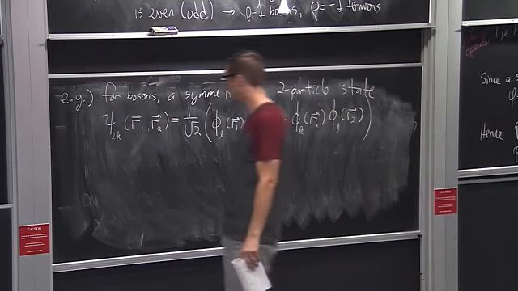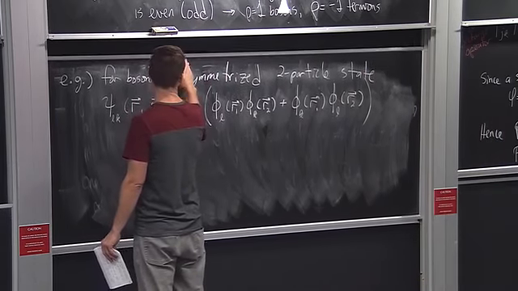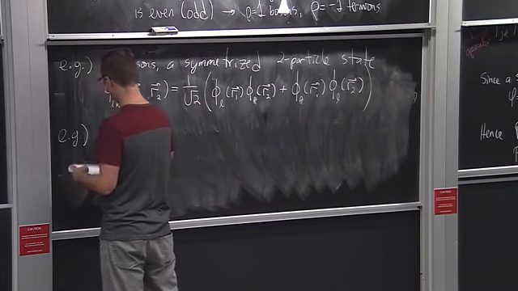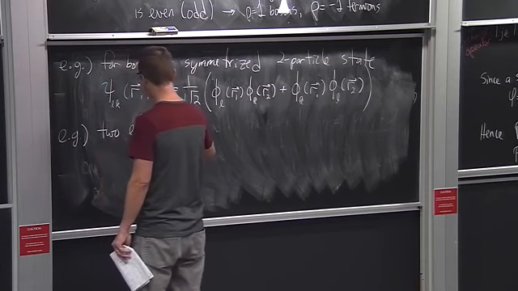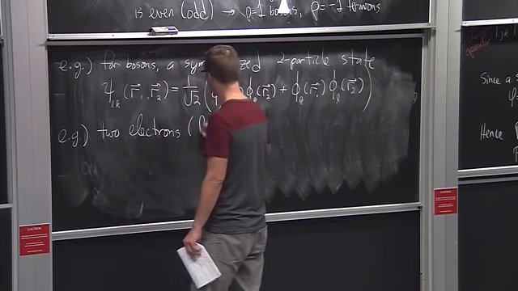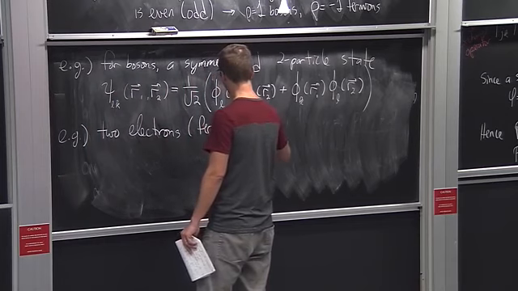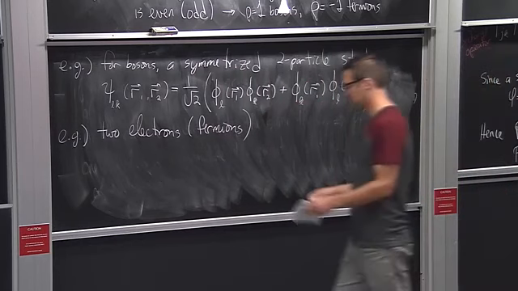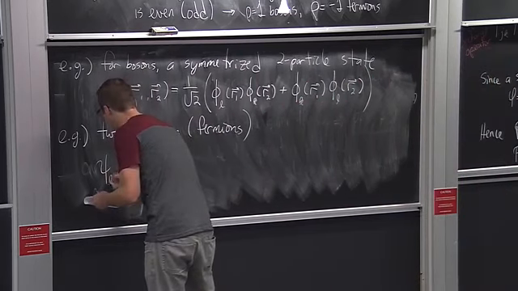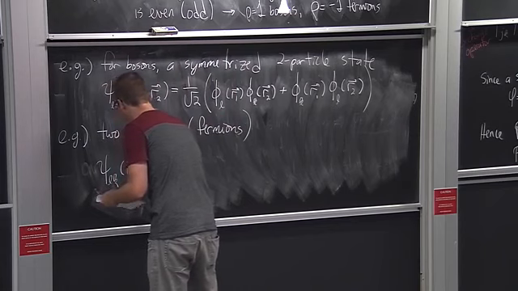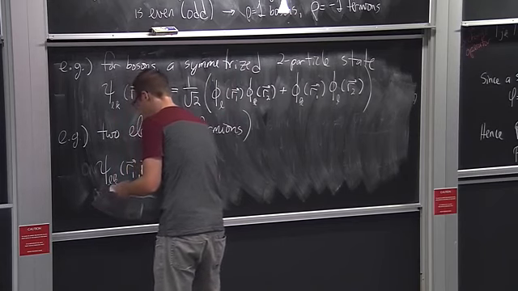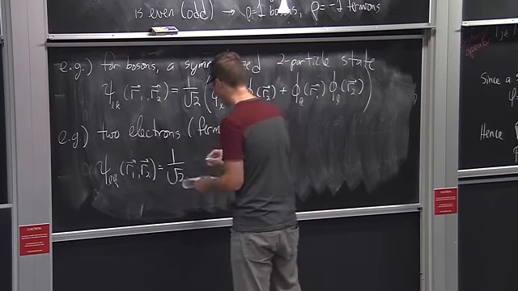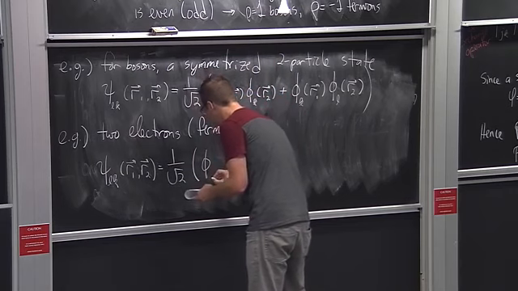For fermions, that minus sign comes into effect, of course. So for 2 fermions, I can write this wave function with the same normalization, 1 over root n factorial. Now what do I want?